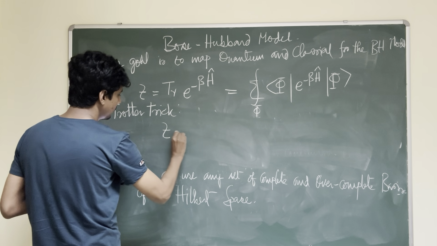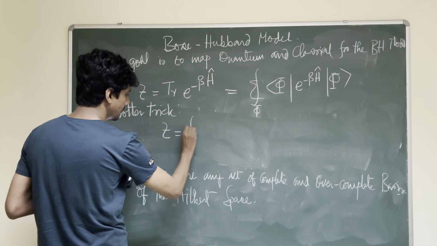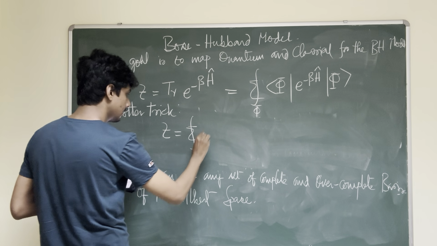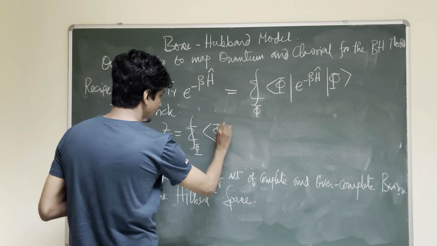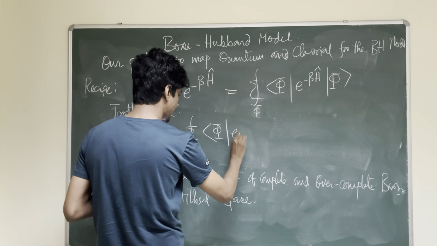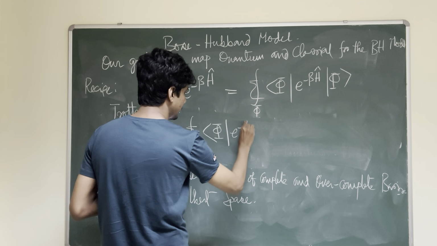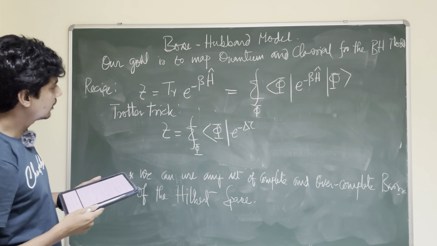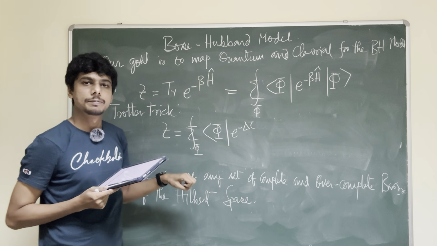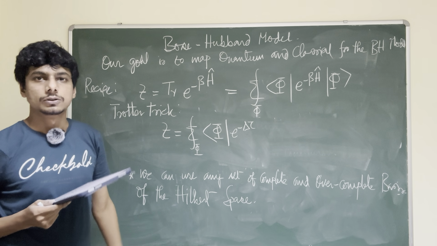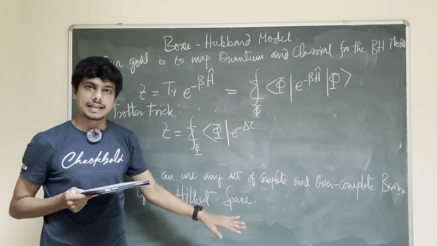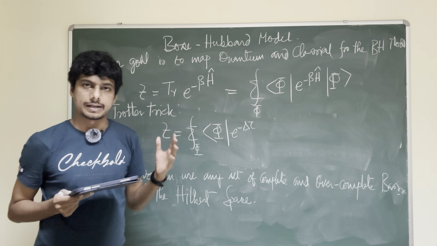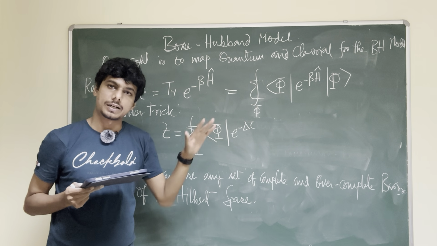So this partition function can be written in terms of e to the power minus something delta t. It is known as the imaginary time, and as our system does not have a time-dependent Hamiltonian, we introduce it, because in the path integral we have to write the action, and that always includes the canonical momentum and all that.